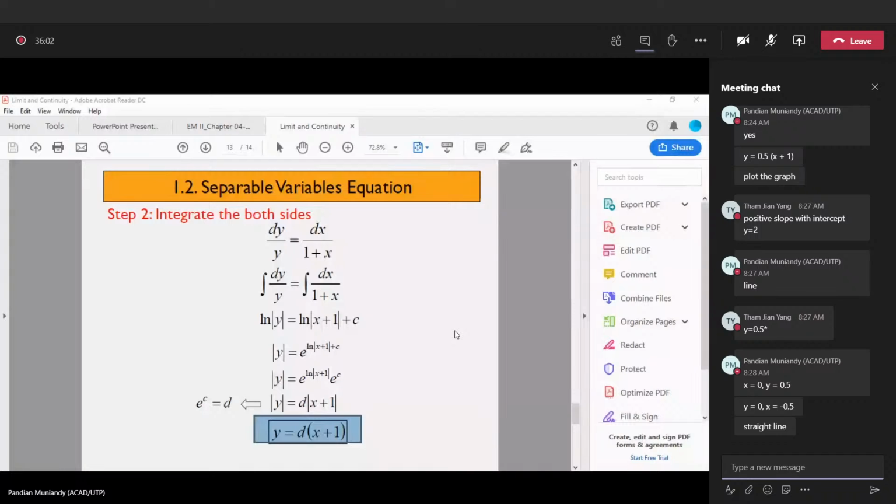Any question, class, on this graph? How to plot the graph? How to plot the Y output with respect to X input? Yeah, Lee. Mohammed Ayman. Any question, Mohammed Ayman?